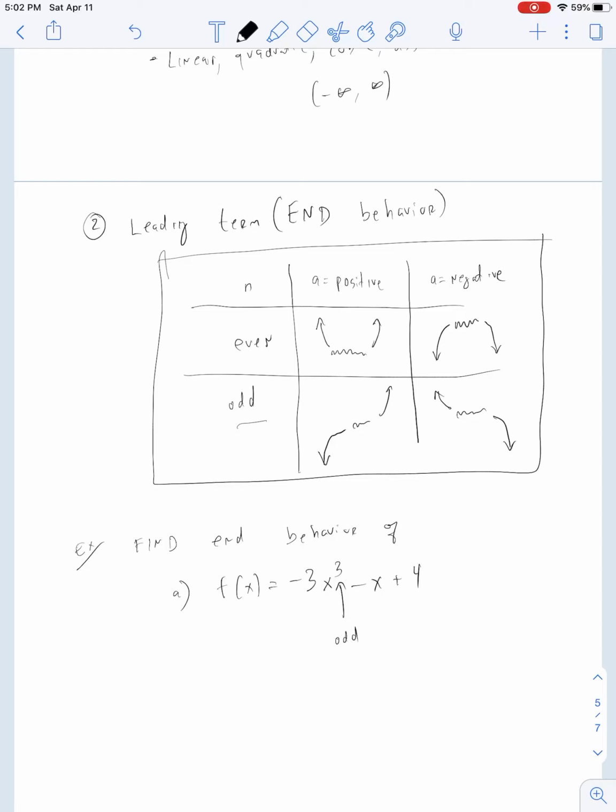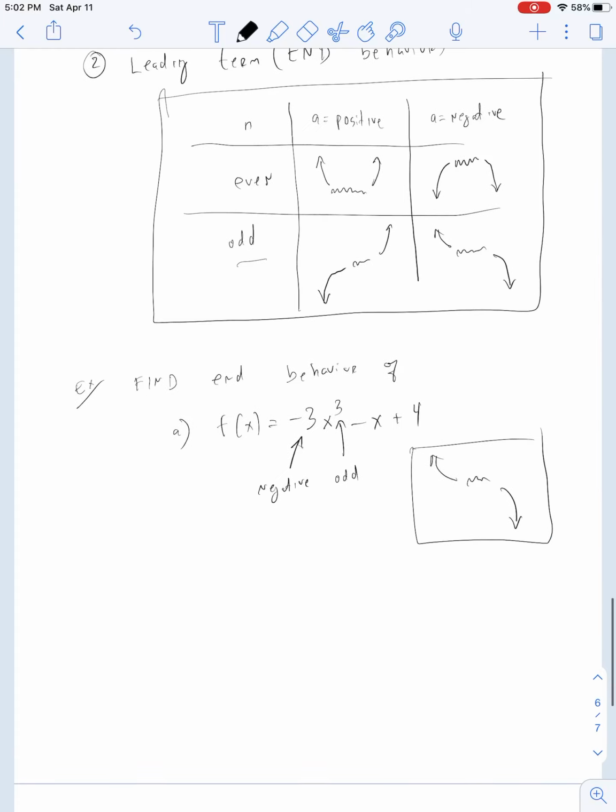Well, our n is odd, our a is negative, so odd, negative tells us it looks like that. So our graph is going to go something like that, and it's going to end something like that.